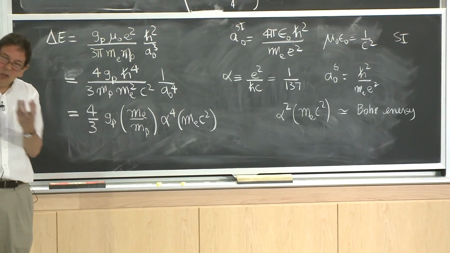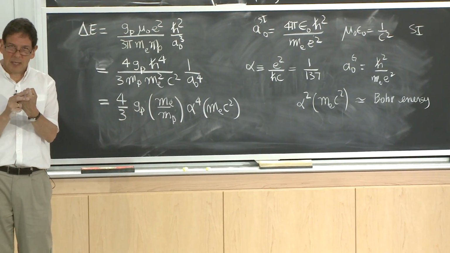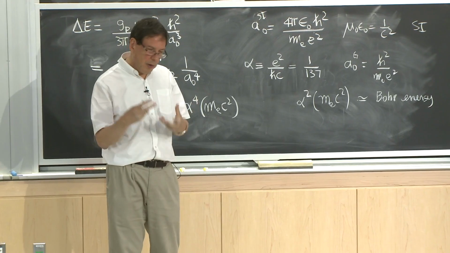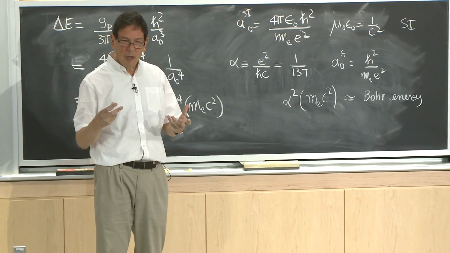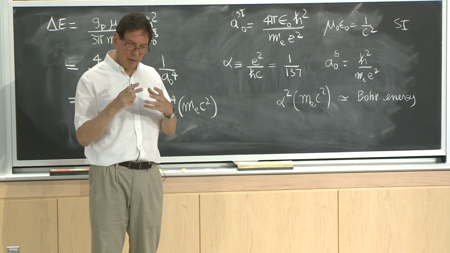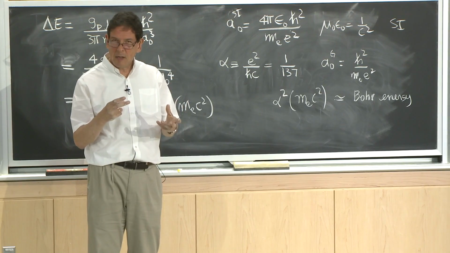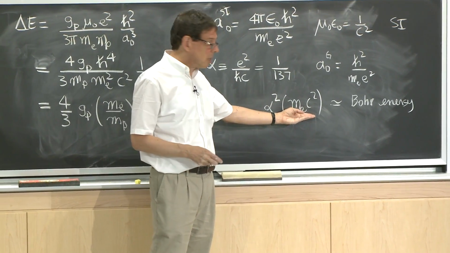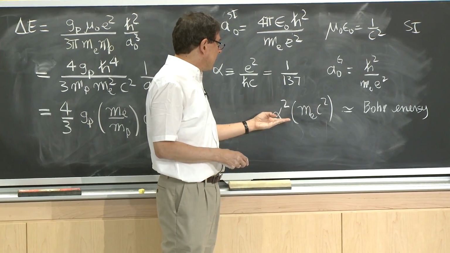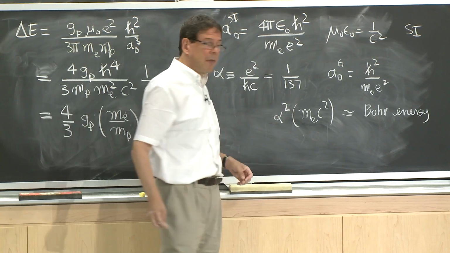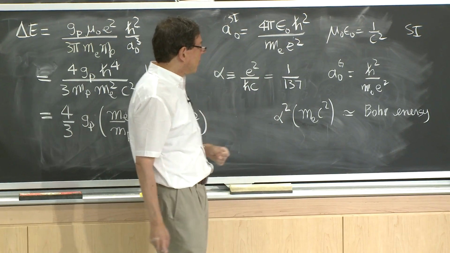And that also should give you some pleasure to see that formula. Because you see, where does this all begin? Well, you have energies in this problem, so the Bohr energy must be related to the canonical energies. And the canonical energy is the rest energy of the electron. And here it is. This is all affected by the strength of electromagnetism. It's affected by an alpha squared.